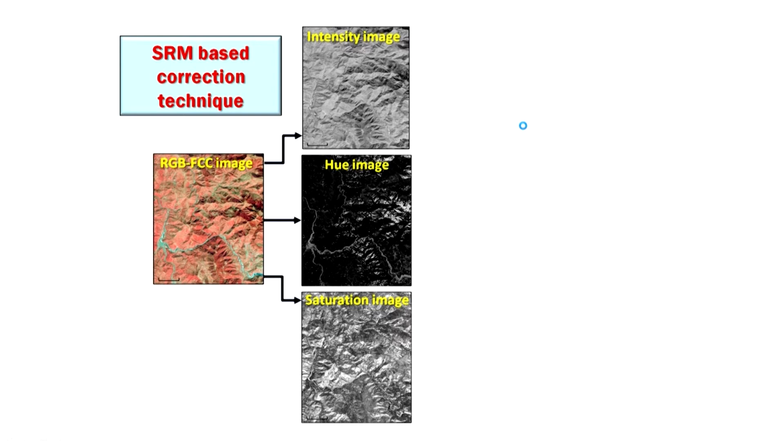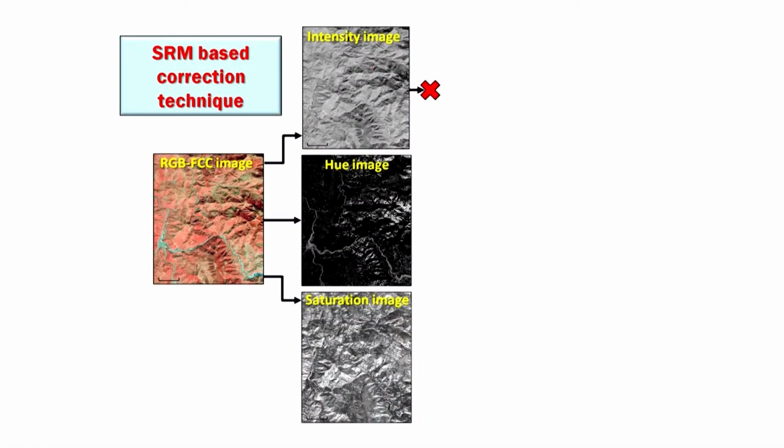Now that color composite has been split into 3 components: intensity, hue and saturation. Now what we did, we got rid of this intensity image, because as you can see it is suffering from FTPP, and the rest, these 2 images of the IHS transform, hue and saturation, continue in our processing.